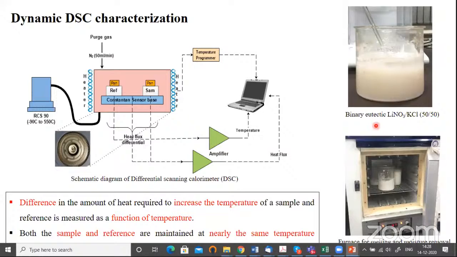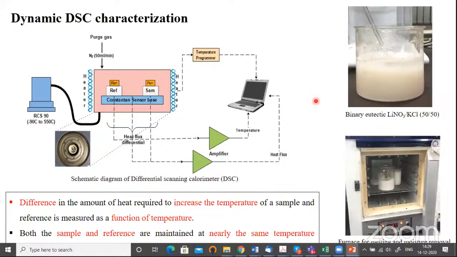Basically, we started with a binary eutectic of lithium nitrate and potassium chloride to estimate the thermal behavior or the heat storage capacity of this particular eutectic in the range of temperature in which we have to function. And of course, this binary eutectic has a melting point in that particular range where we are planning to design our energy storage system. Is it clear?